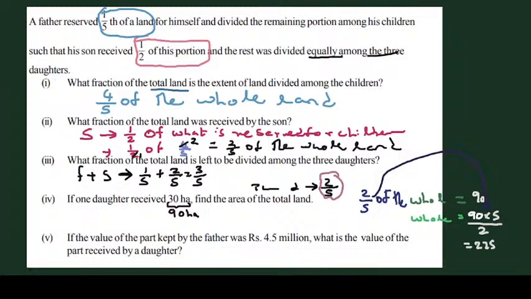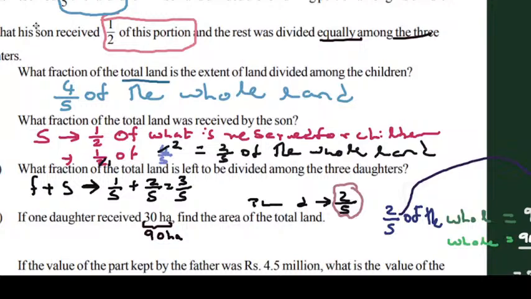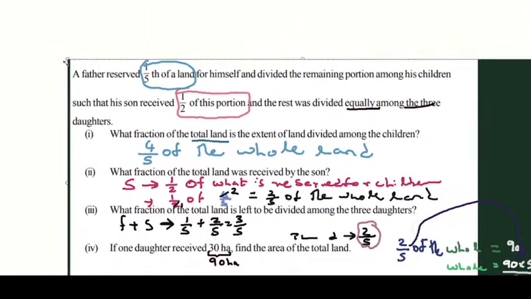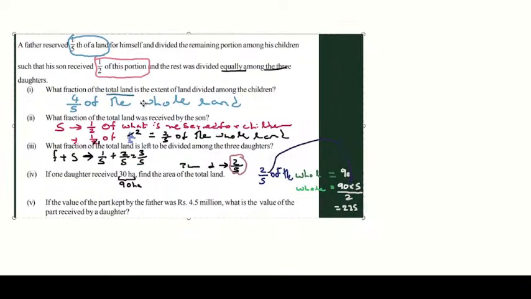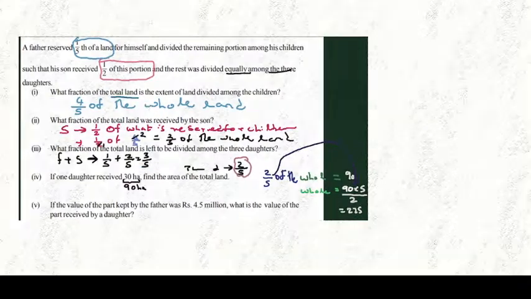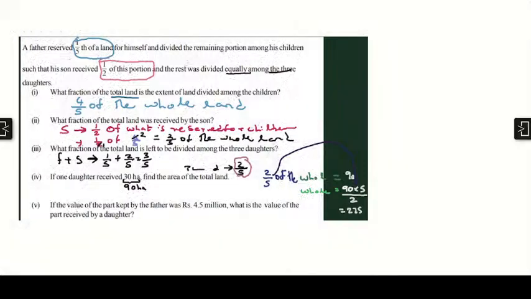One way is we can first figure out what is the amount of land the father got in hectares. There are multiple ways, but we'll do it in that way.